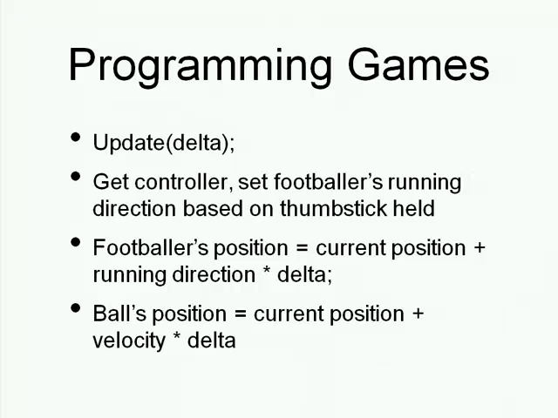And then we do things like footballer position equals current position plus running direction times delta, which makes sure that they move in the direction that you're holding, but they only move as much as they should for that frame. And then also a similar thing for the ball. As it's flying through the air, it's got its own vector of where it should be moving, and that vector will be changing as it flies because gravity is pulling down on it.